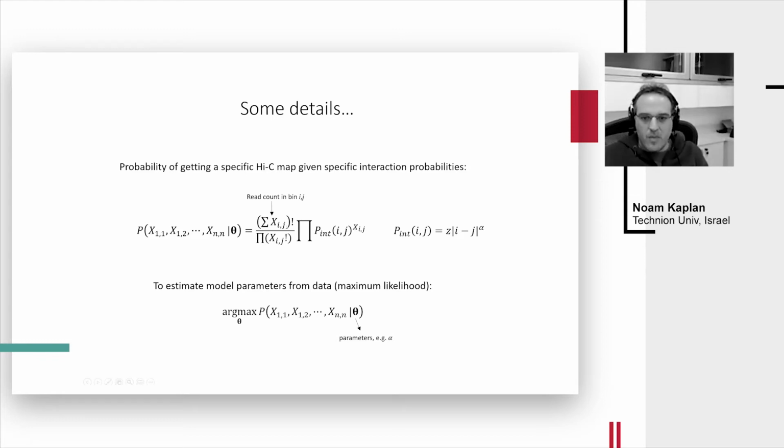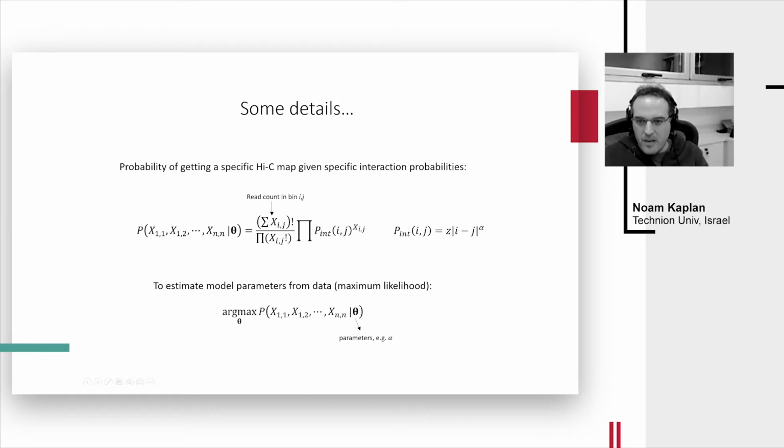So you need to put this into the following equation, which is the probability of getting a specific Hi-C map, marked here by X. X is just the counts, basically. So it's the probability of getting a specific Hi-C map given specific interaction probabilities. Think of it as you have the true interaction probabilities, marked here by P_int, and you're basically sampling from them.